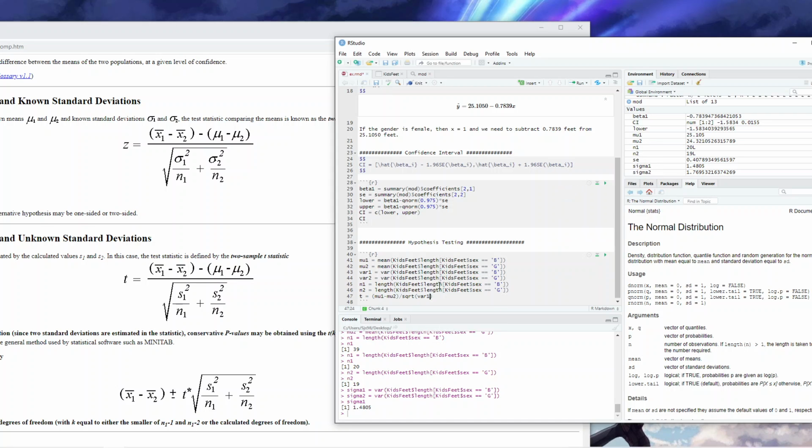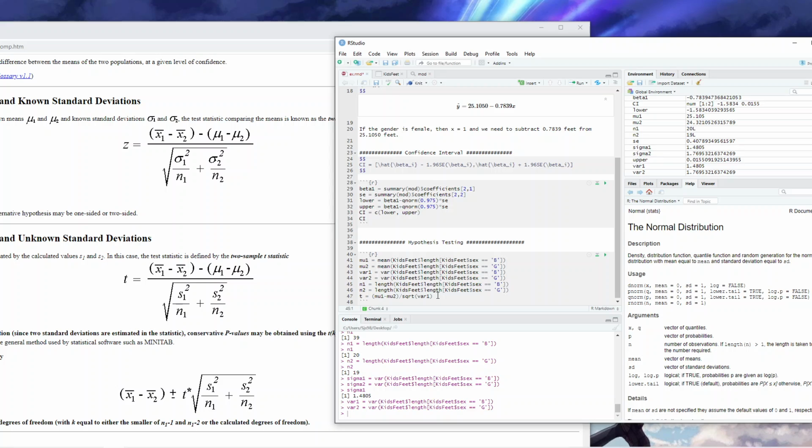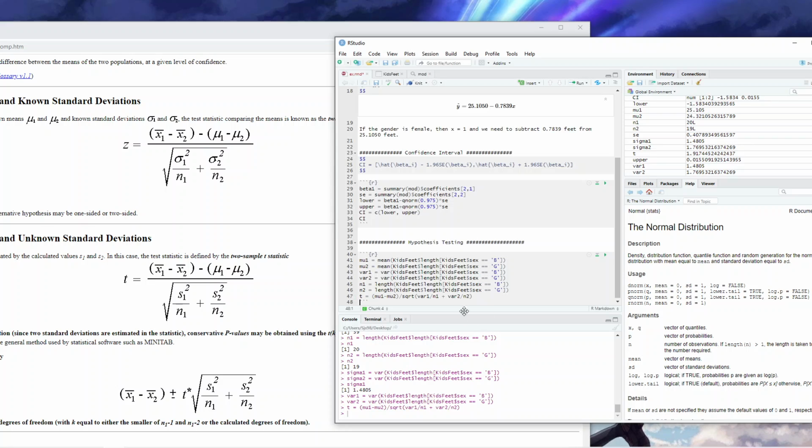That makes more sense. Variance 1 divided by n1 plus variance 2 divided by n2. Okay, that's my test statistic.